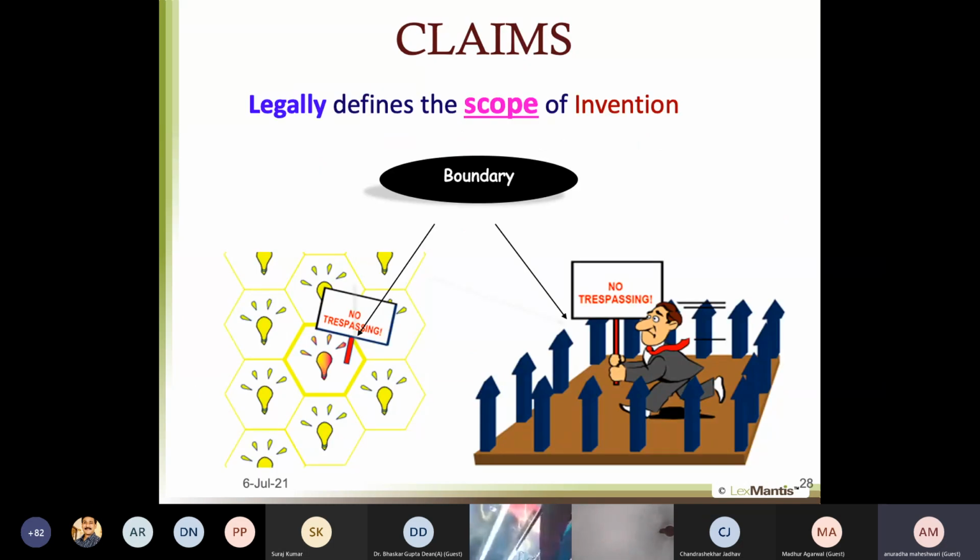Coming to claims, our main area. Claims are basically what you are claiming as the invention. And it's not just one invention; within an invention, there could be multiple inventions. So you write many claims, not only one.